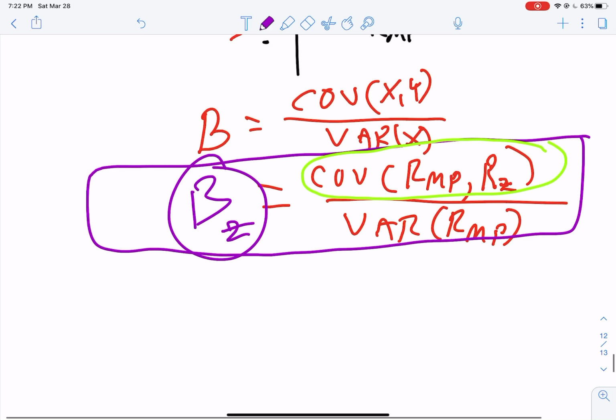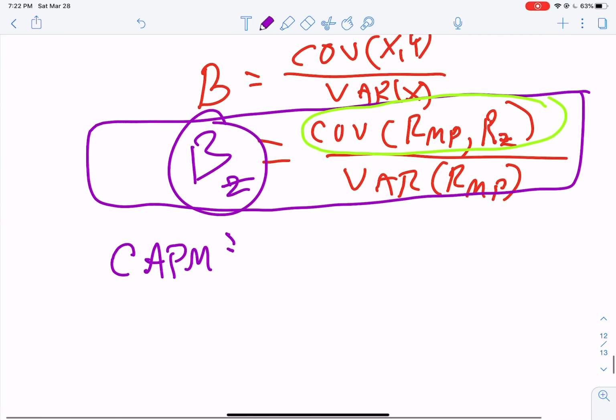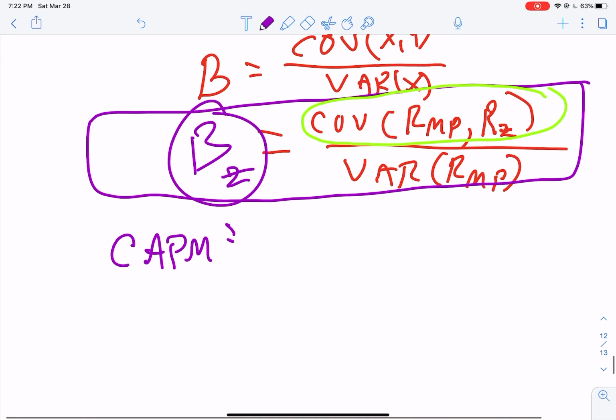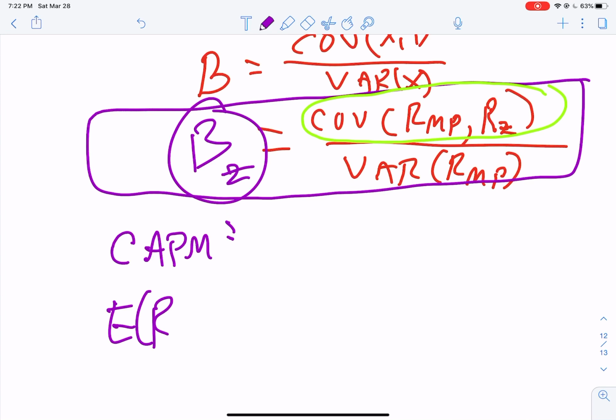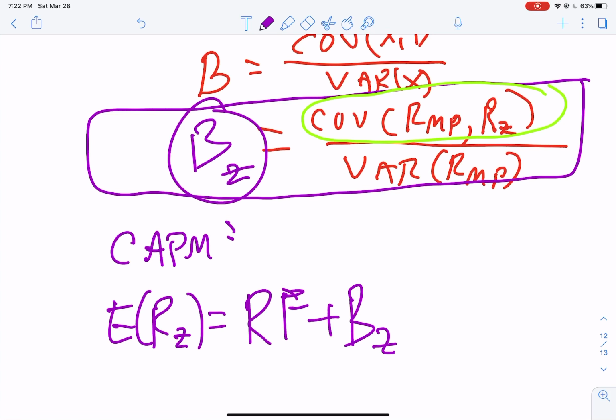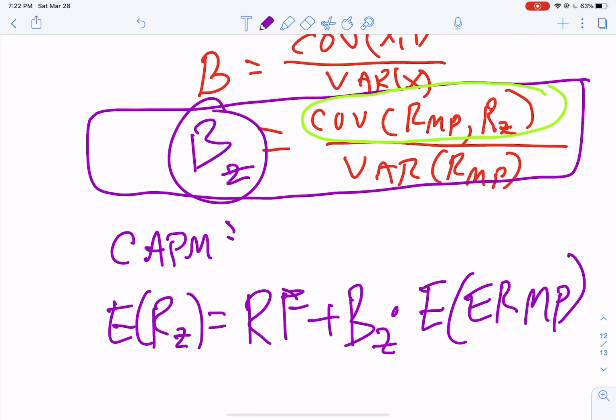You'll recall that the capital asset pricing model is a risk-return model, and it says the expected return on stock Z will be equal to the risk-free rate plus the beta of stock Z times the expected value of the excess return on the market portfolio.